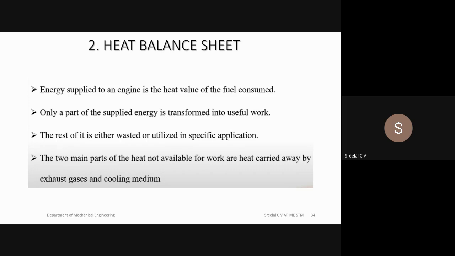Then we calculate the income. Through that we get a fair idea about whether this particular firm or shop is giving profit or not. Understood? Yes, sir.